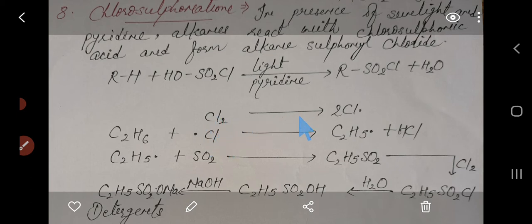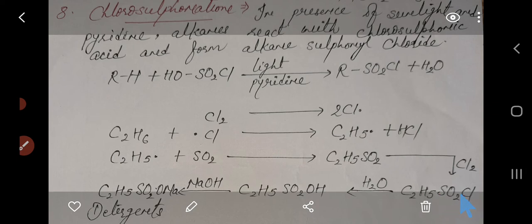Cl2 in presence of sunlight produces Cl free radical, which reacts with ethane producing ethyl free radical and HCl. This ethyl free radical reacts with SO2 or sulfur dioxide producing C2H5SO2, which further reacts with chlorine producing C2H5SO2Cl, alkane sulfonyl chloride.